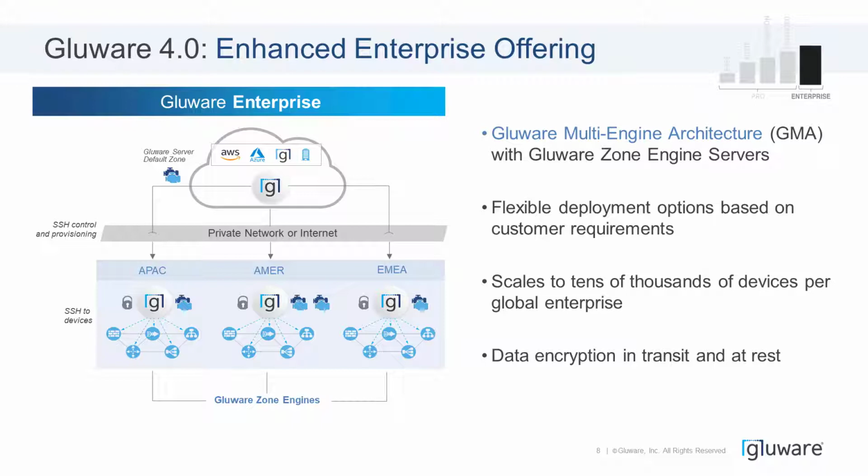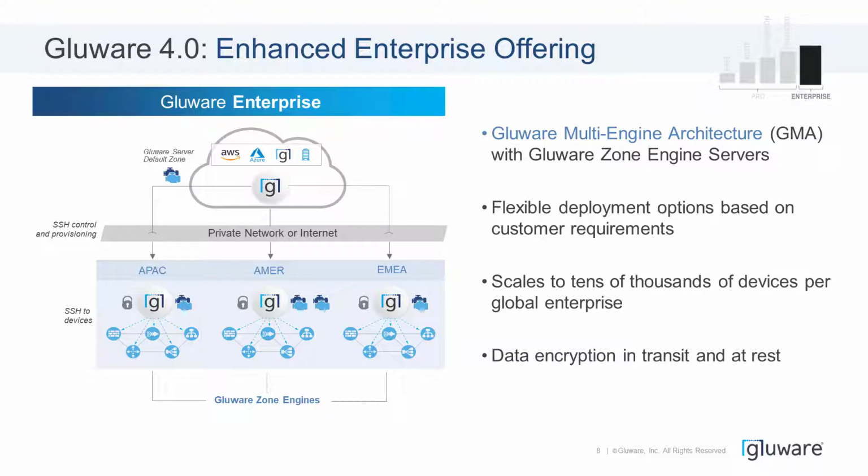Now, with the addition of the Gluware Zone Engine servers, you install that virtual appliance wherever you need it, closer to the devices. And then with the devices near that region, you assign the Zone Engine as the primary server for those jobs.